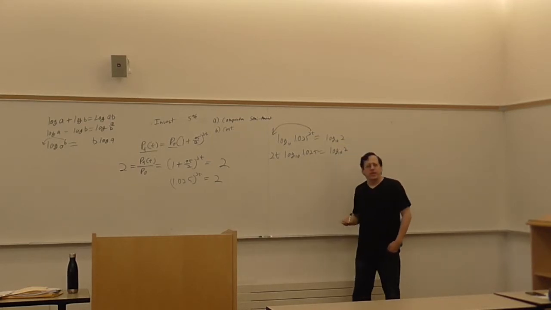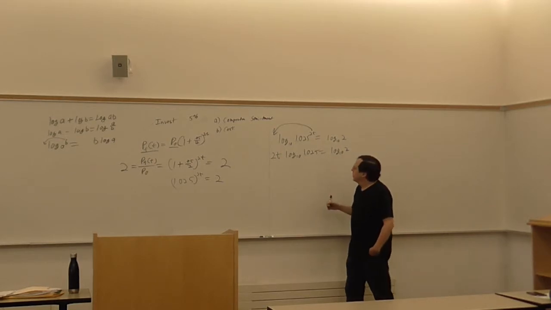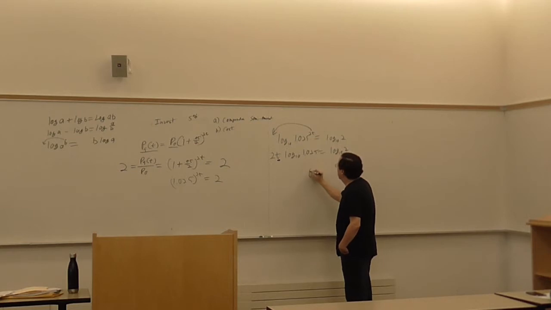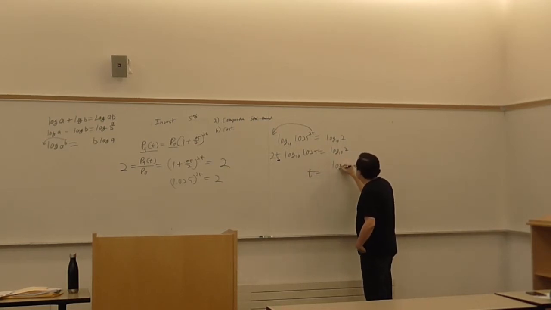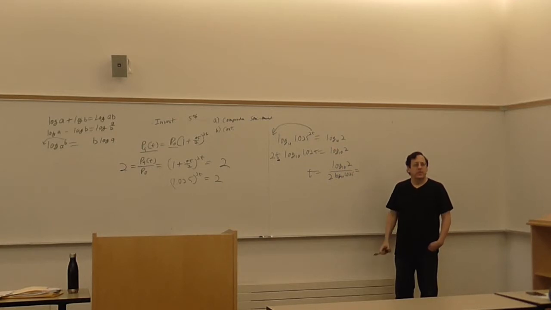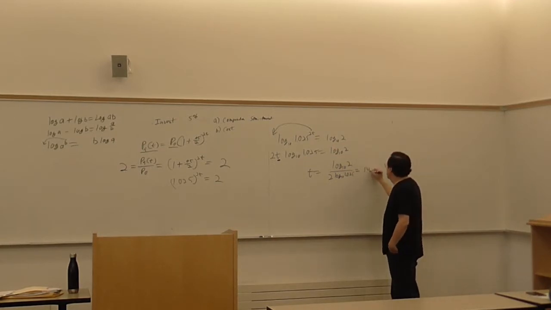What do I want to do here? I'm going to move my exponent over, right? Somebody have a calculator handy? We can plug these numbers in. I just have to solve for my t now, right? Someone want to do that for me? 14.035.